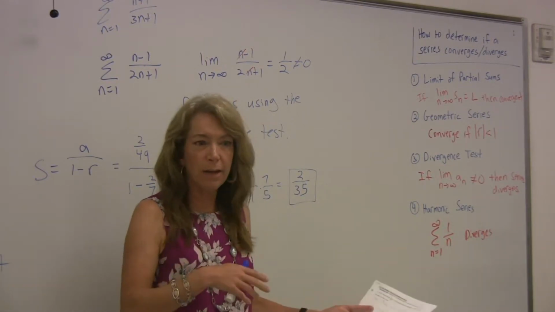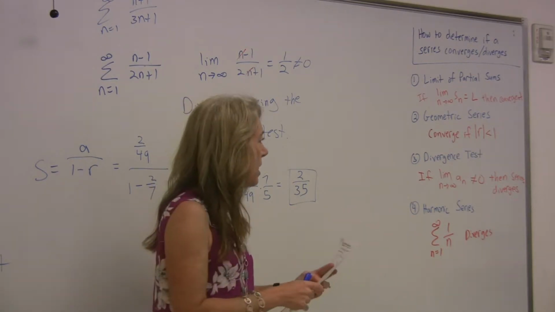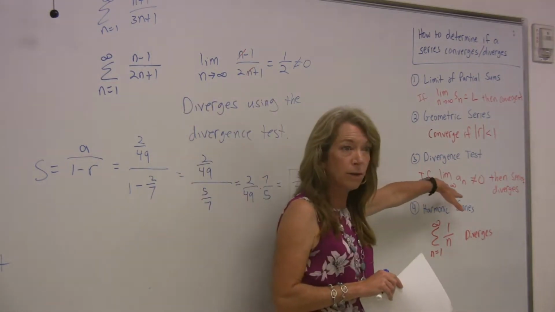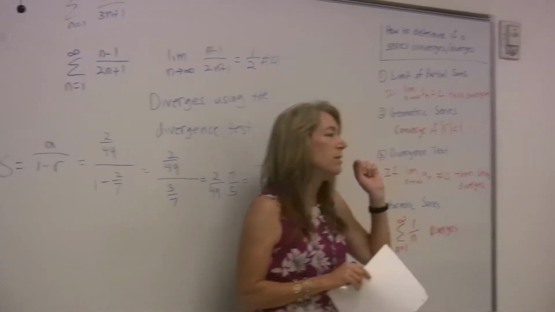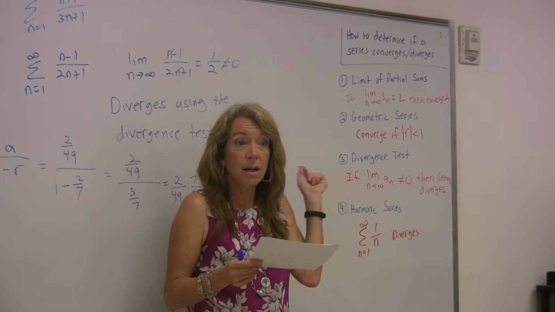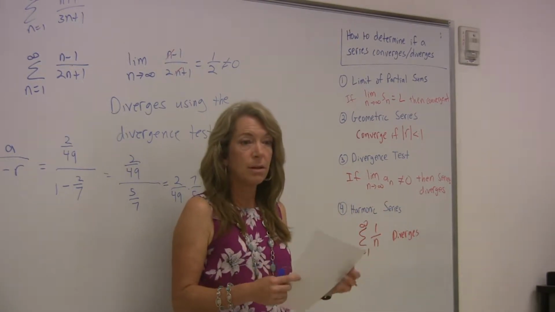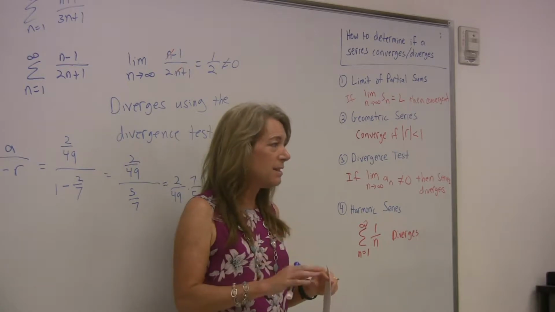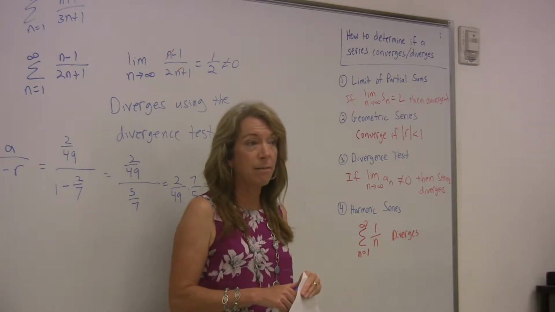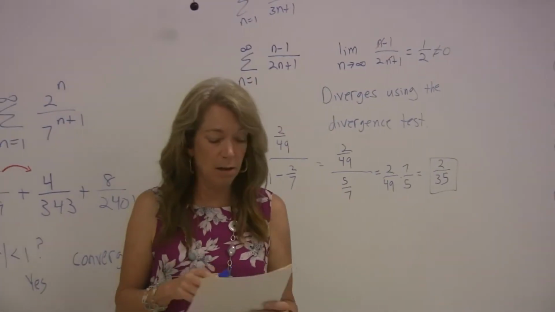It's not one or the other, right? One doesn't necessarily imply all of everything else. So if your limit of your terms is 0, that means your series may or may not converge. We need to figure out what it does. We say that the divergence test is inconclusive if it is 0. If it's not 0, we're sure. But if it is 0, then now we got to check to see what happens. I'll be using the divergence test all day to do some quick checking along the way.